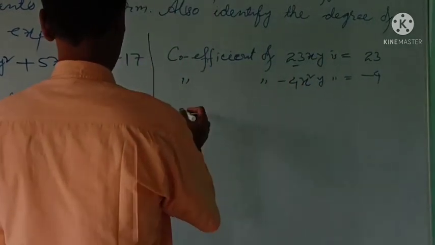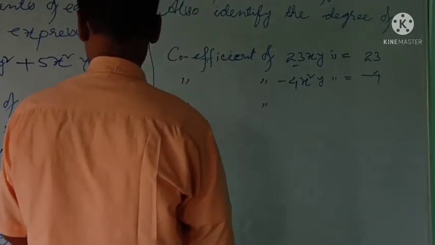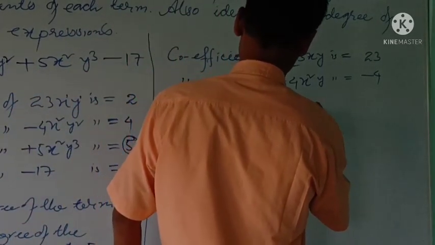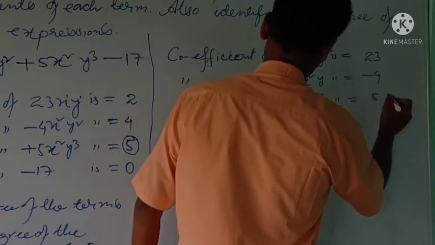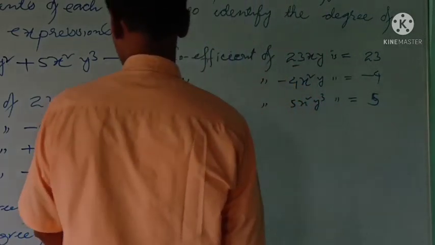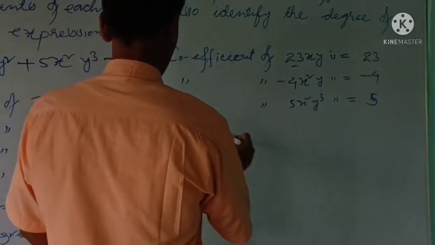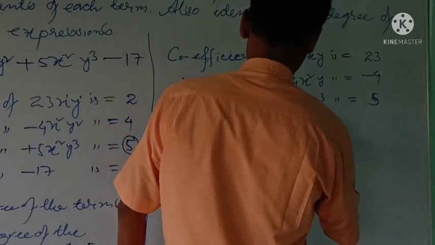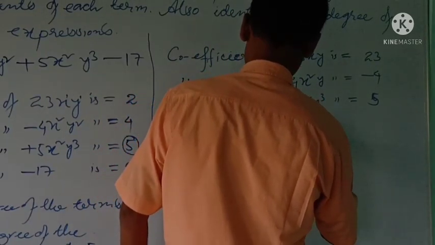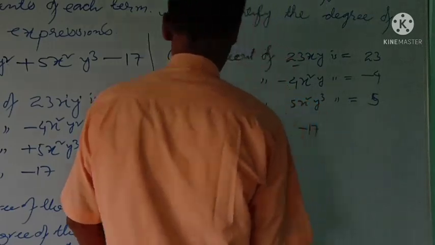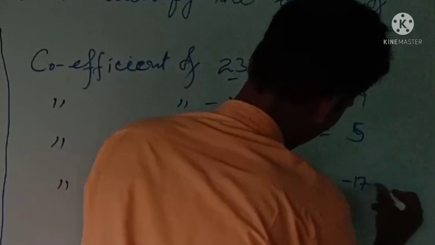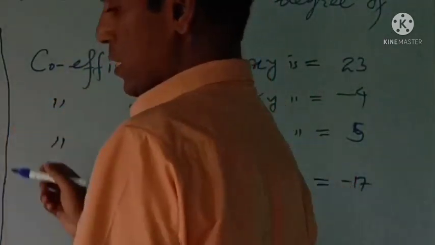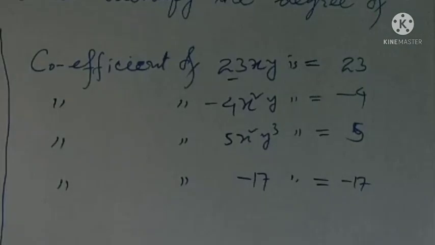Coefficient of 5x square y cube is 5. Coefficient of minus 17 is minus 17. Well, this is the solution of question number 2, sub question B. Now the rest you proceed on your own. It's a very simple question.